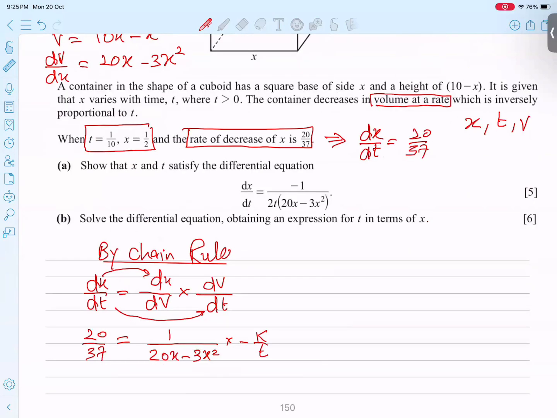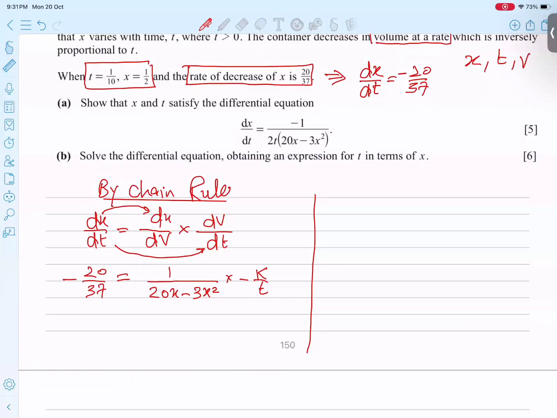Now, students, I have to get rid of the k. What is the method? We will plug in this pair of values, x and t. When I plug in 20 by 37, and when I plug in half in the fraction, it gives me 4 over 37.